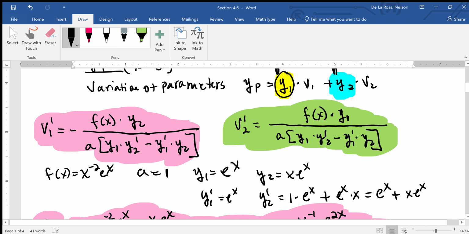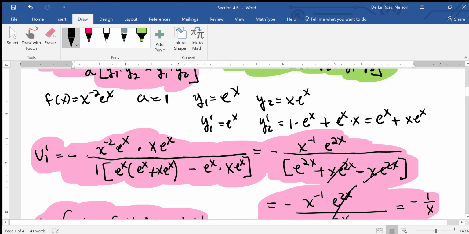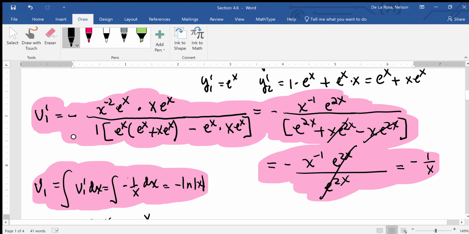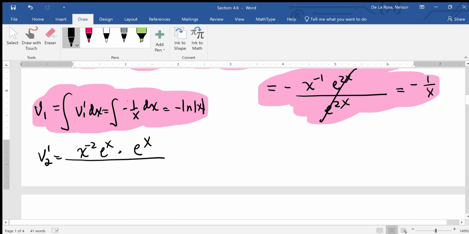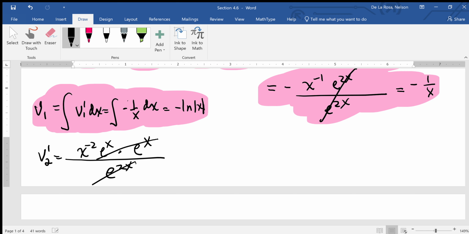We found that denominator already when finding v1 prime, and it is e to the 2x. So the e to the x times e to the x cancel, and we have 1 over x squared. So v2 is the integral of 1 over x squared dx, and this integral is going to be negative 1 over x.